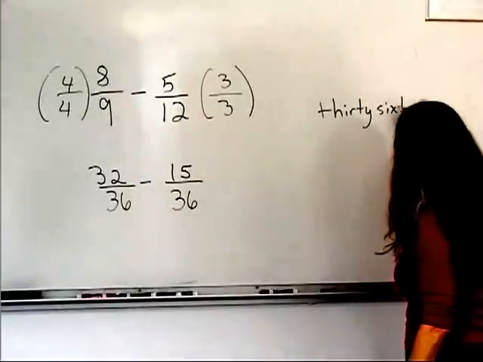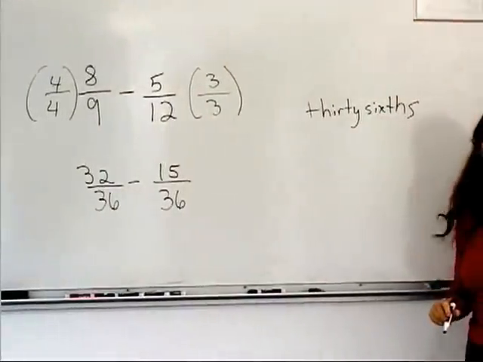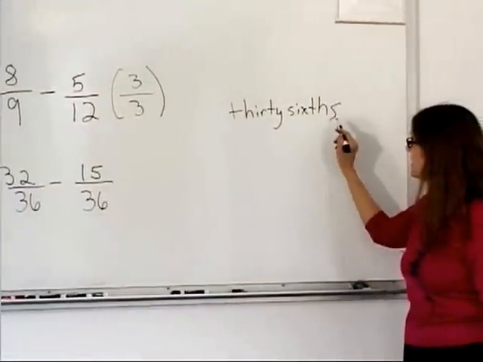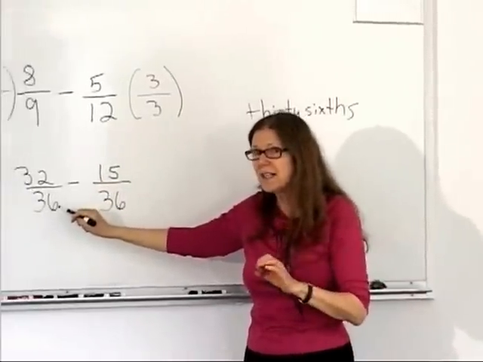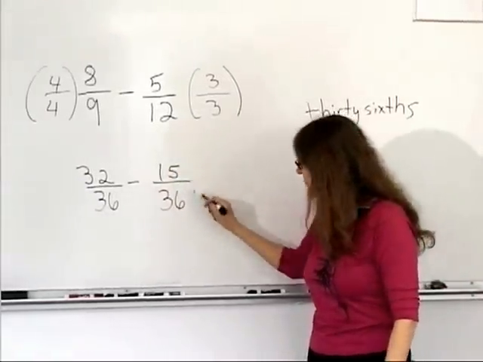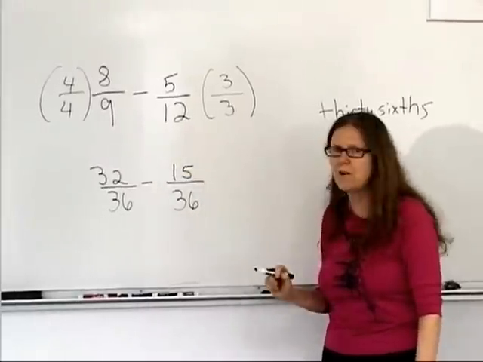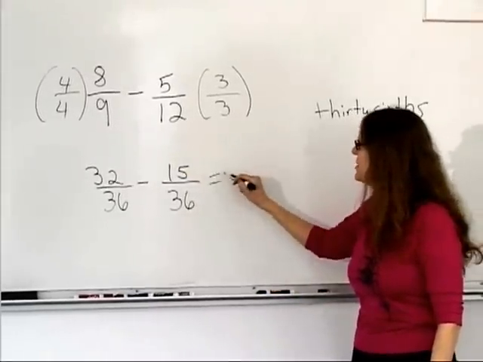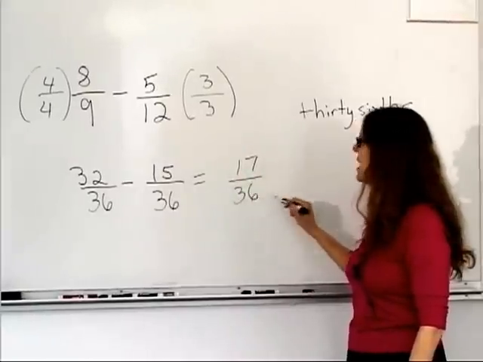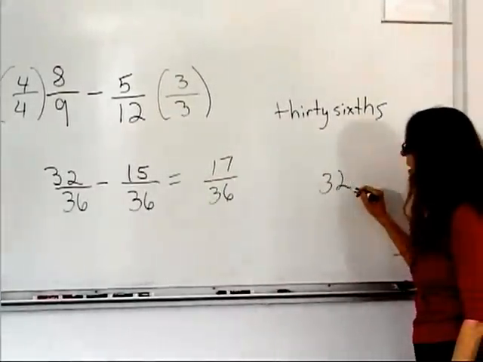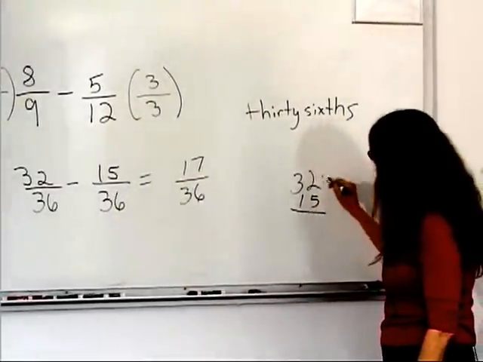I've got 32 of these things called 36ths, and I've got 15 here. I'm subtracting the 15 from the 32, and that's going to equal 17/36. Let me just write that out to make absolutely sure I'm not making an arithmetic mistake.